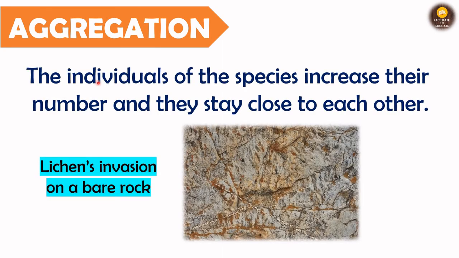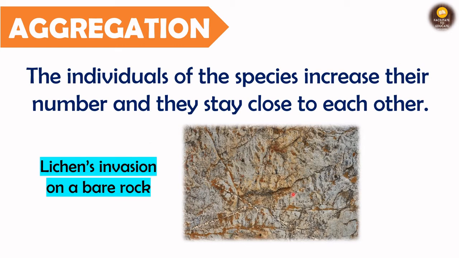The third one is aggregation. It means the individuals of the species increase their number and they stay close to each other. They will multiply, and the species will be closer to each other.